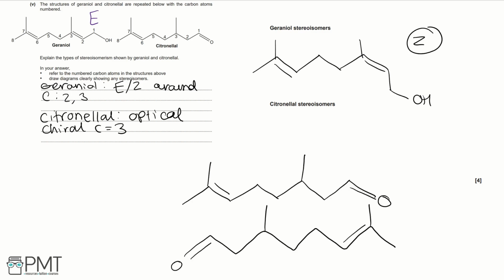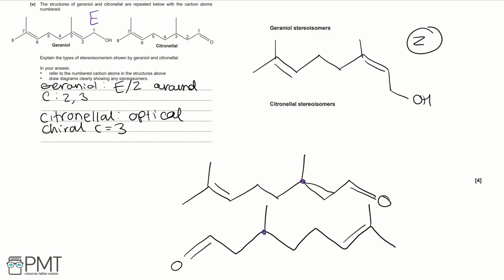So now I've redrawn citronellal. I've drawn mirror images of each other because that's what optical isomerism is all about, non-superimposable images. Like your hands, they are mirror images of each other, but they cannot be superimposed. So if we were to show the optical isomerism, we're going to use wedges. So the optical isomerism is around carbon number 3.